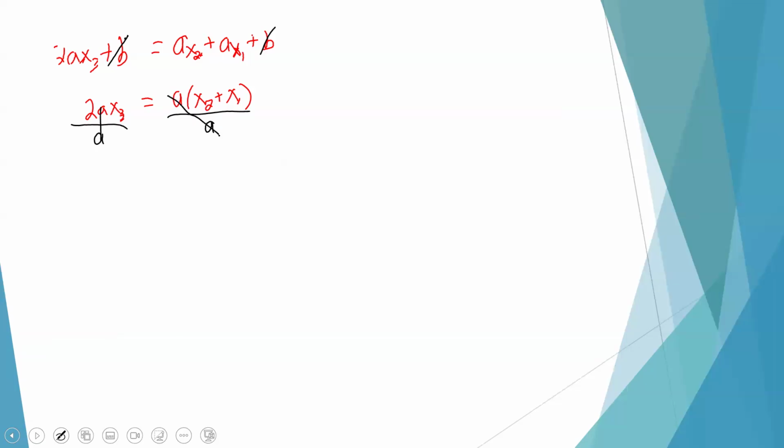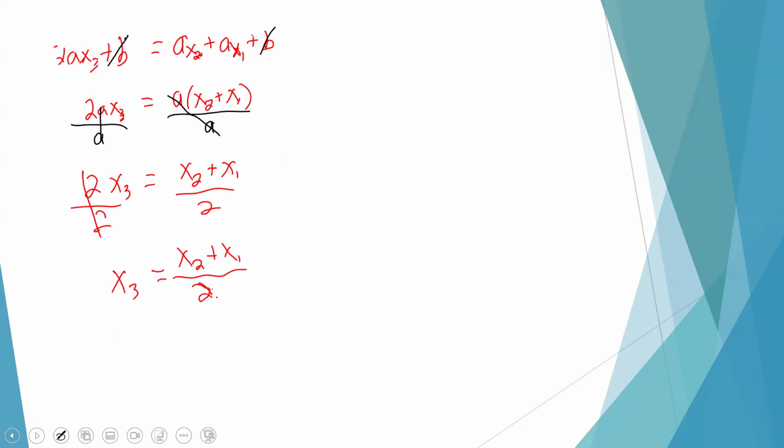What do I have left? I have 2x3 is equal to x2 plus x1, divide by 2, divide by 2. Now I have that x3 is equal to x2 plus x1 over 2.